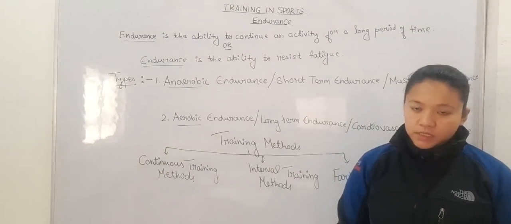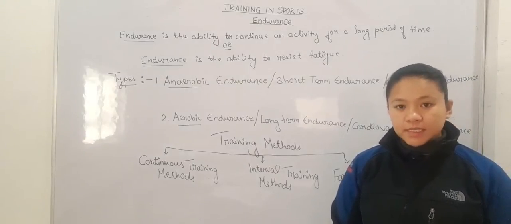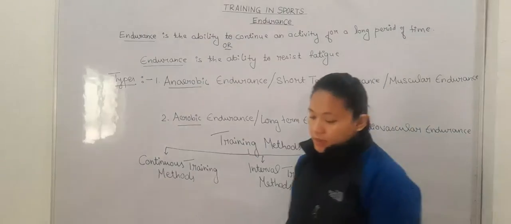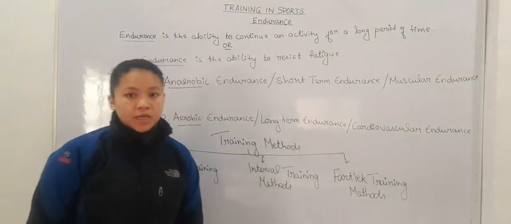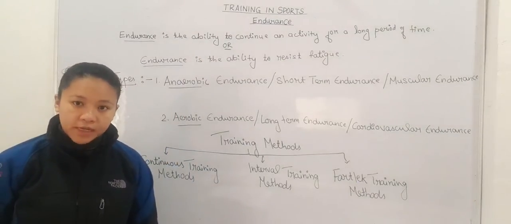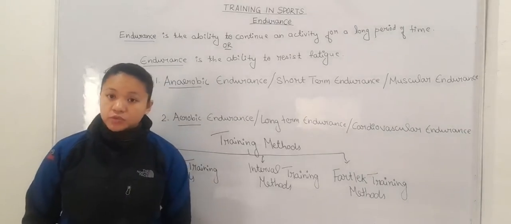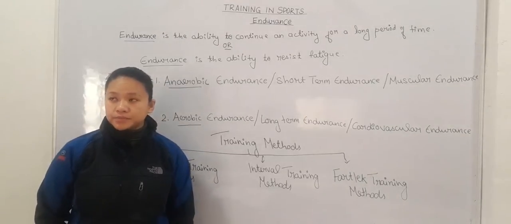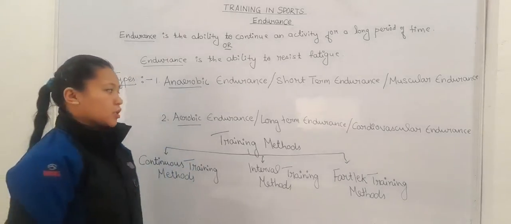Short-term endurance means we do the activity for a short period of time and the intensity, that is speed, is approximately 90 to 100%. In long-term endurance, we do the activity for a long period of time and the speed is slow. It is used in games like marathon running, cross country, cycling, etc.